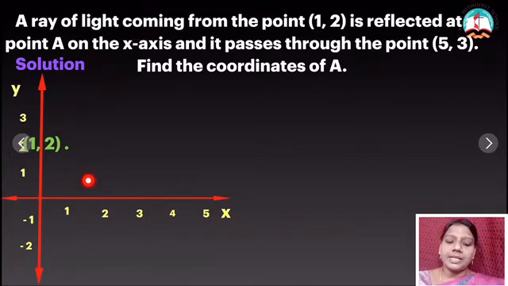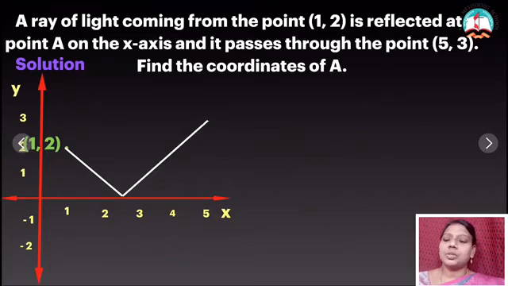So it should touch. Once it touches that x-axis, it will be reflected. Therefore, we are getting a light which touches the x-axis, then it is reflected. Once it is reflected, it passes through a point 5, 3. Is that clear? A light is coming and after it touches the x-axis, it is reflected. So it changes the direction and it is passing through 5, 3.